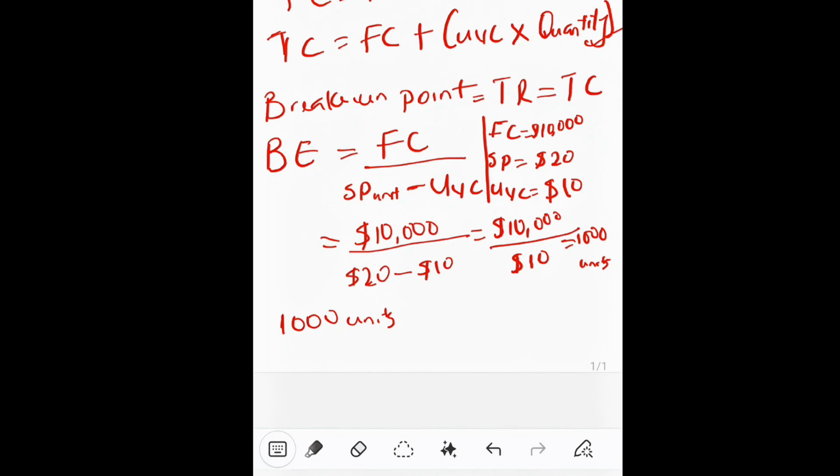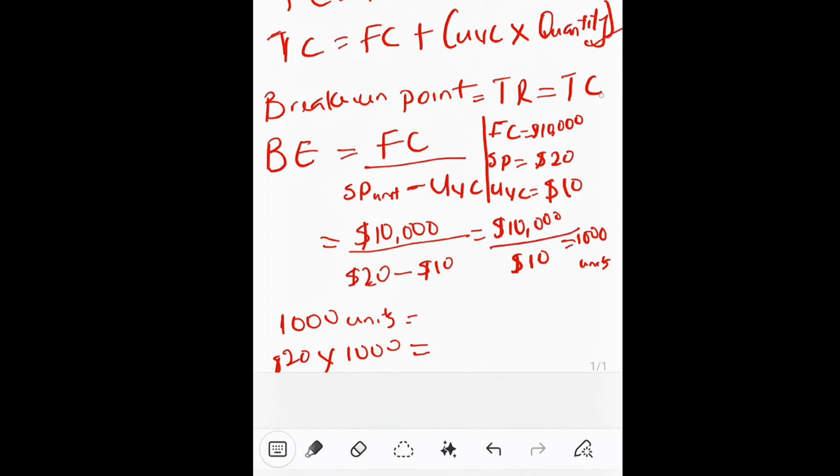Let's input this. Remember, what is our break-even point? Total revenue equals total cost, right? Let's do that. And remember, our total revenue is what? Unit price multiplied by quantity. What is our unit price? $20, multiplied by quantity. We've gotten our quantity here, which is what? 1,000 units.